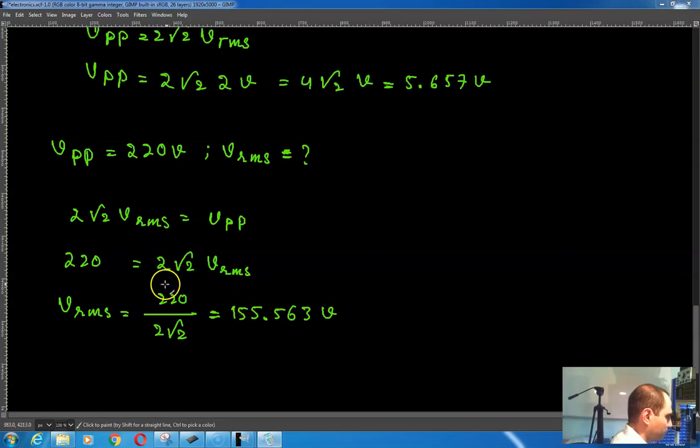So V of RMS, of course, is supposed to be much smaller than this, because this becomes a 110, and 110 divided by square root of 2 is approximately divided by 1.5, and so that essentially becomes 0.78 volts, because you see over here your peak to peak voltage is 220 volts, right?